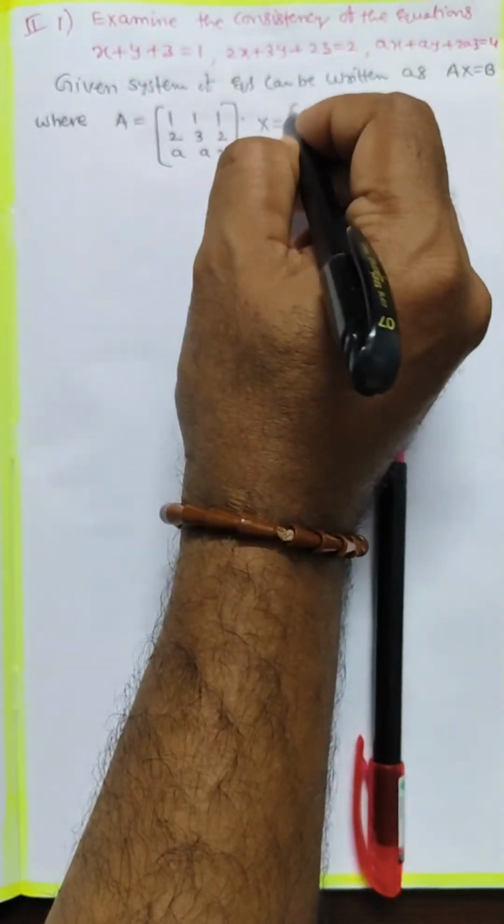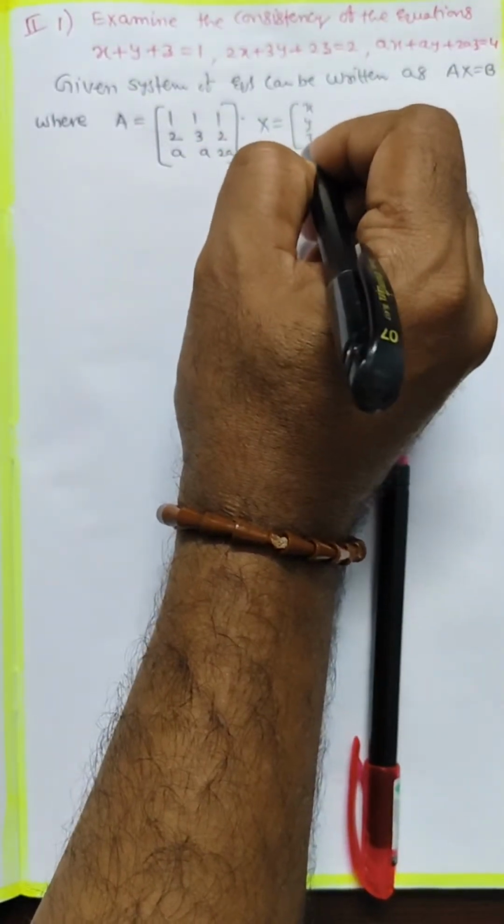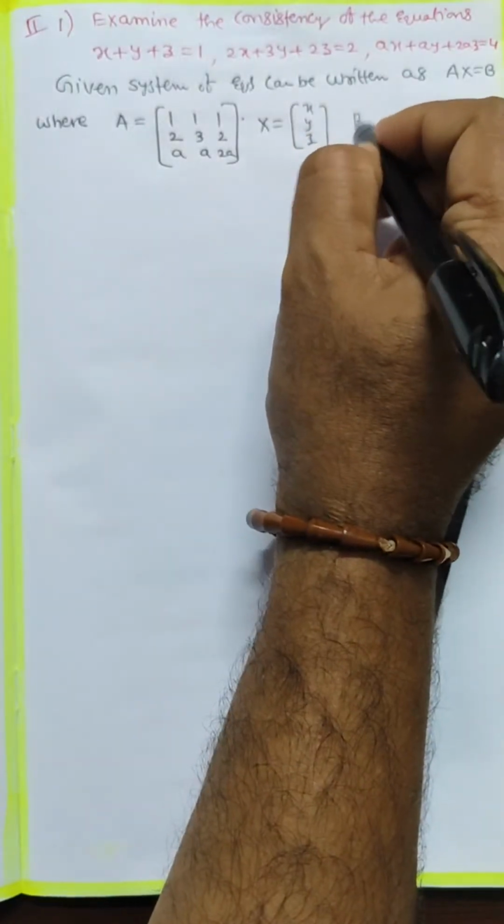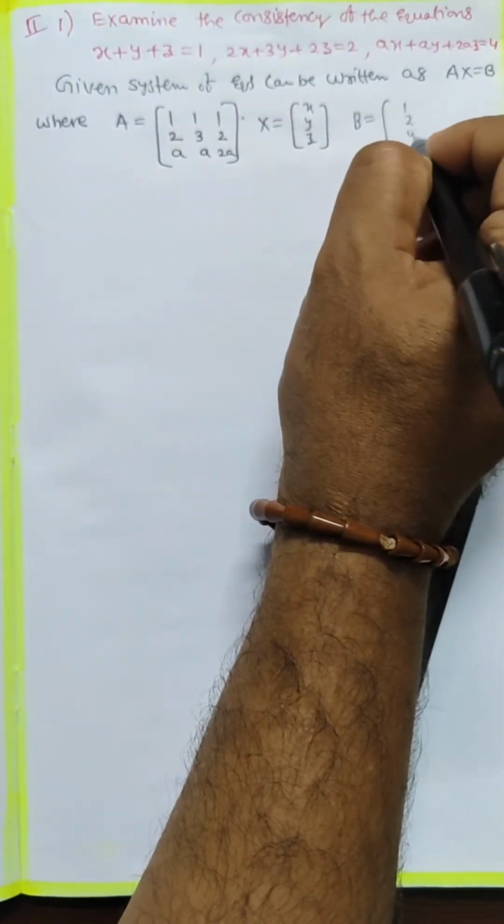Next, capital X is the solution matrix x, y, z. Next, B is the constant matrix 1, 2, 4.